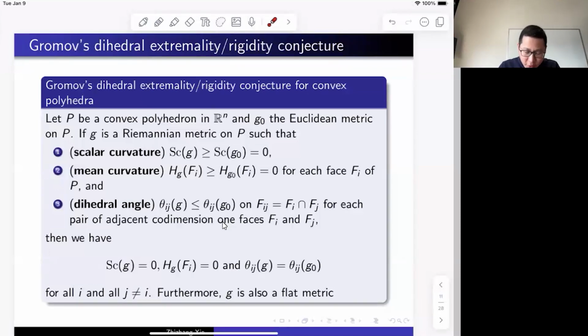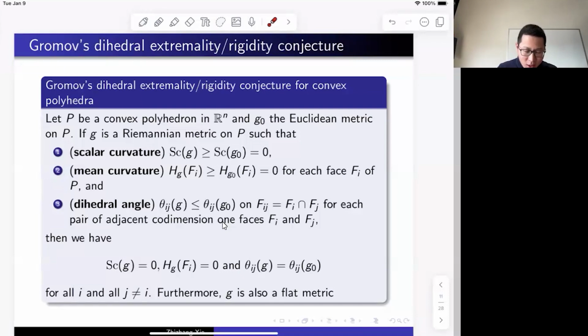There is a general version of this conjecture, but for the purpose of this talk, let's take just a convex polyhedron in Rn, which is already very typical, and it captures all the essence of the arguments already.